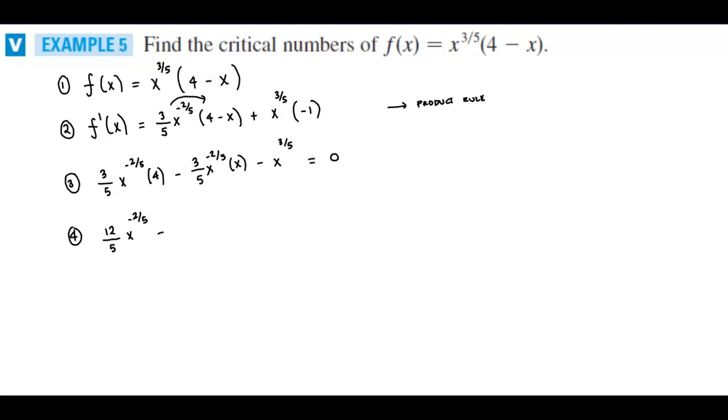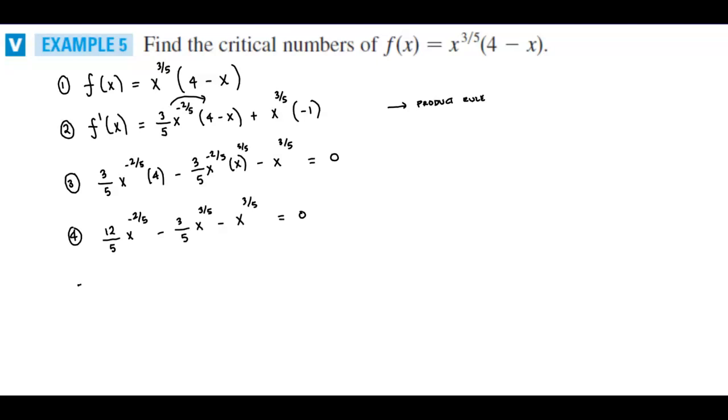Okay, and this becomes minus 3/5. And so this becomes 1, which is 5 over 5. So when we multiply by the same base, we have to add our exponents. So negative 2/5 plus 5/5 is 3/5. And that's minus x to the 3/5. And that's equal to 0.